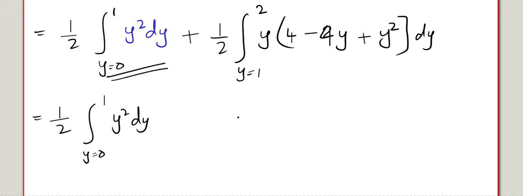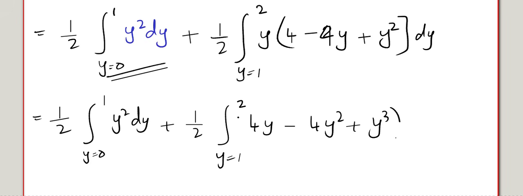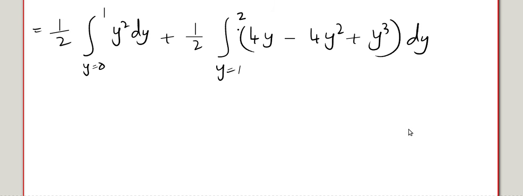We can integrate, but let's simplify this and integrate together. Y is equal to 1 to 2, 4y minus 4y squared plus y cube dy. You can do the integration by yourself now.